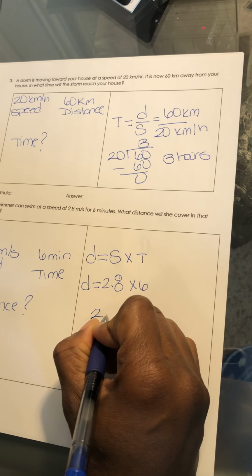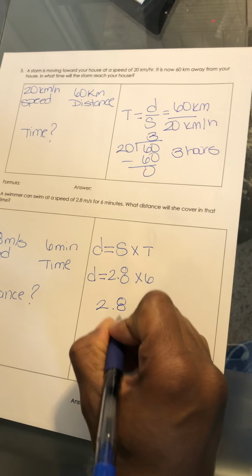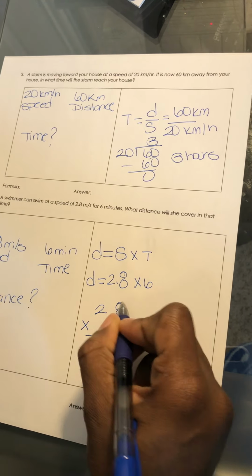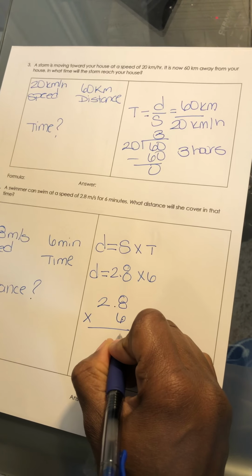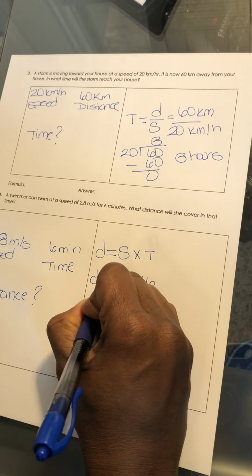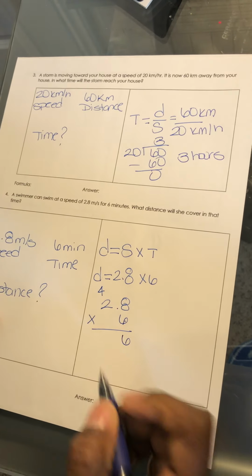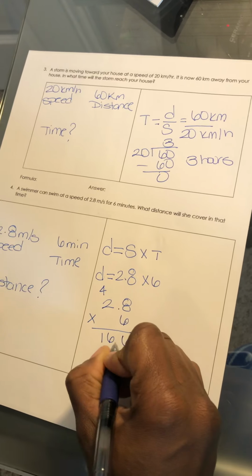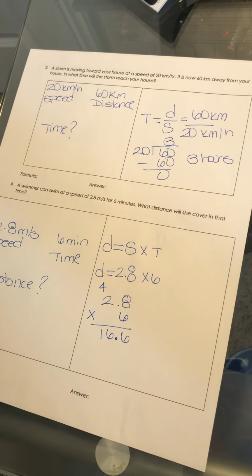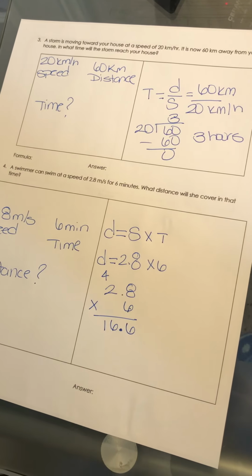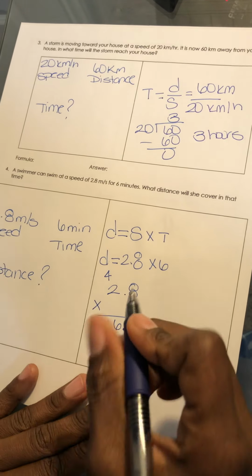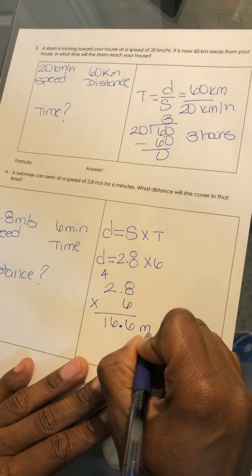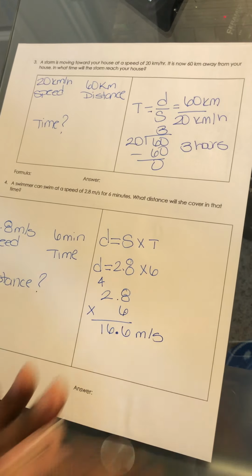So I set it up like this, 2.8 and the 6 beneath it. So I'm going to multiply. 6 times 8 is 48. Carry my 4 here. 6 times 2 is 12, plus 4 is 16. Bring my decimal down. Here we go. And our answer is 16.8. And we need a distance, 16.8 meters per second.